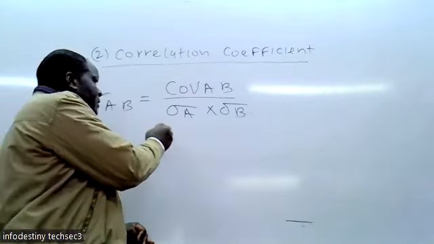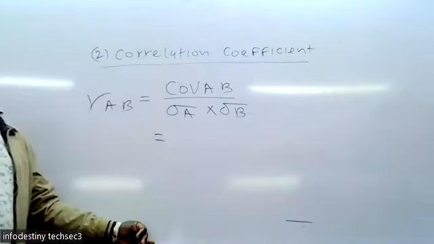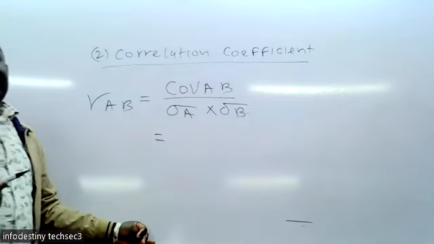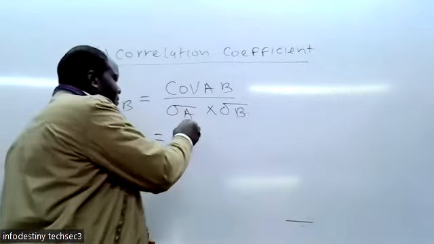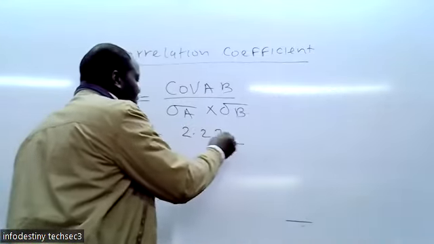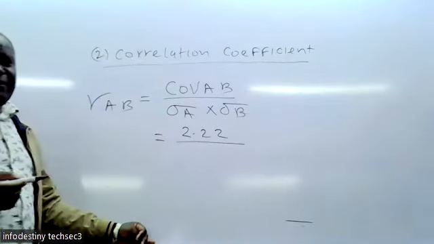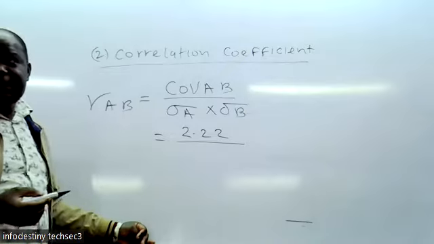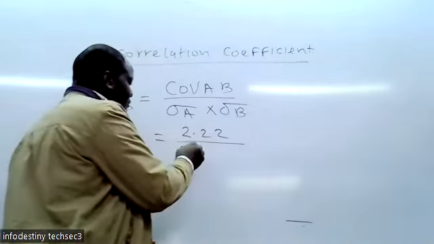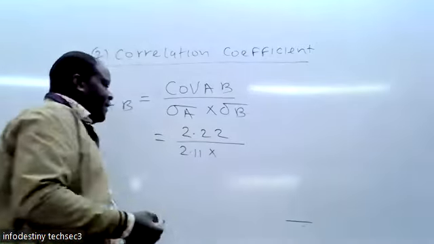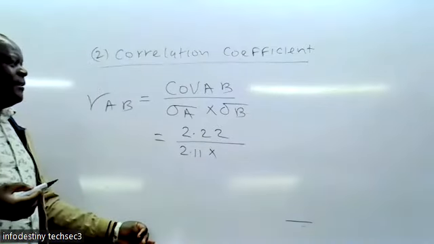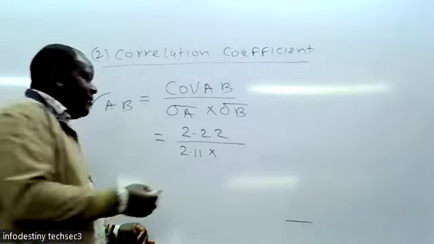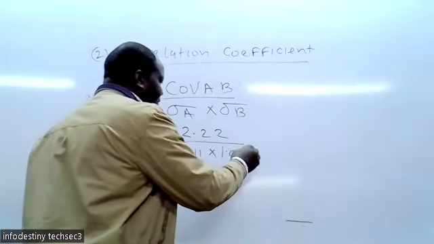So already we have calculated the covariance, 2.22. The standard deviation for A was 2.11, then the standard deviation for B was 1.05.